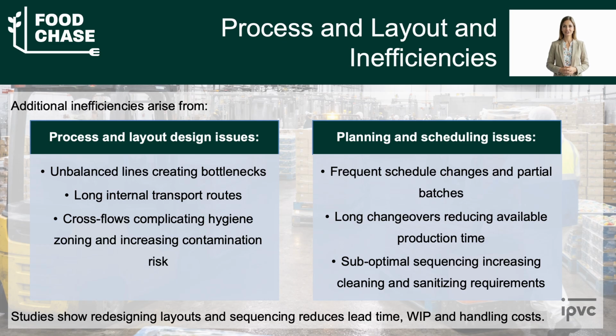Planning and scheduling inefficiencies can arise when production schedules change frequently, leading to partial batches and unnecessary changeovers. Long changeover times reduce available production time and may generate off-spec products during startup. In multi-product environments, suboptimal sequencing can increase cleaning and sanitizing requirements. Studies combining value stream mapping and simulation in food SMEs show that redesigning layouts and sequencing can reduce lead time, work in process, and handling costs.